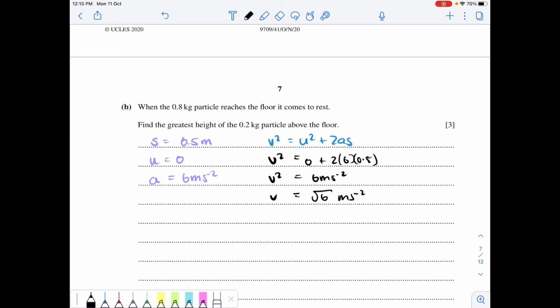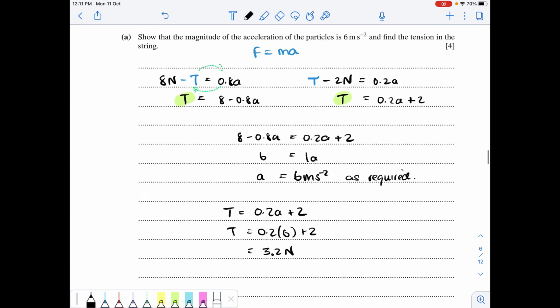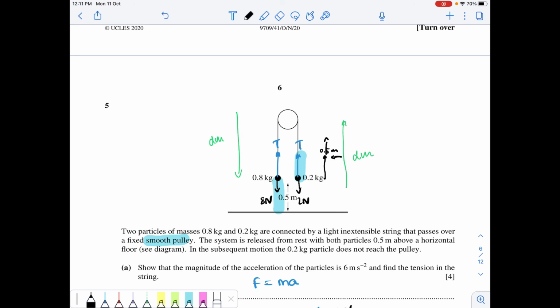Oh, sorry, not per second. That's not per second. So that's the speed of the particle as it hits the ground. So as this particle hits the ground over here, it has a speed of, what did we work out?